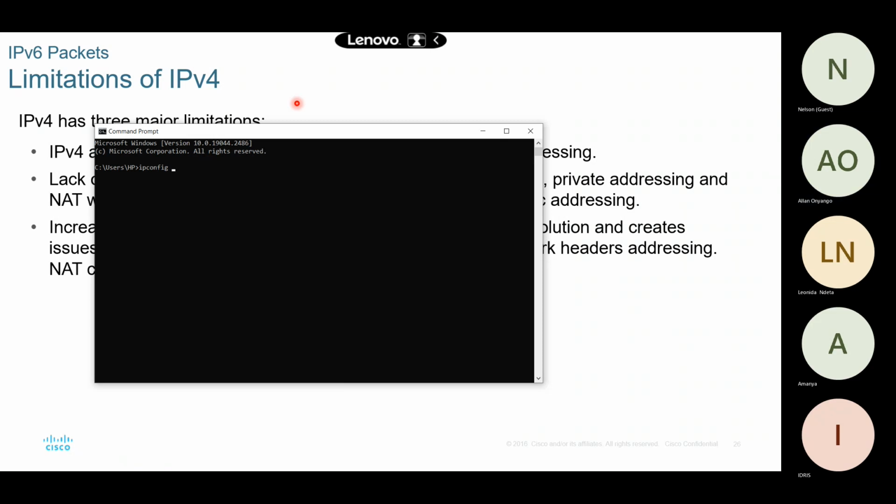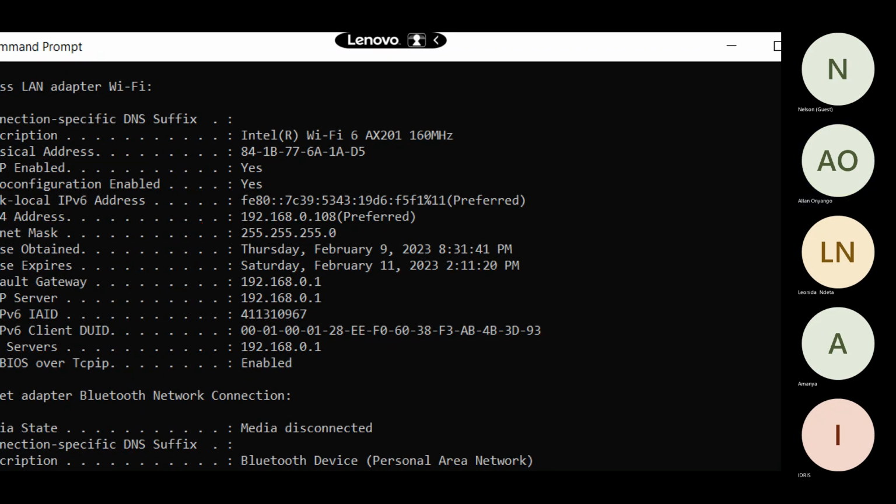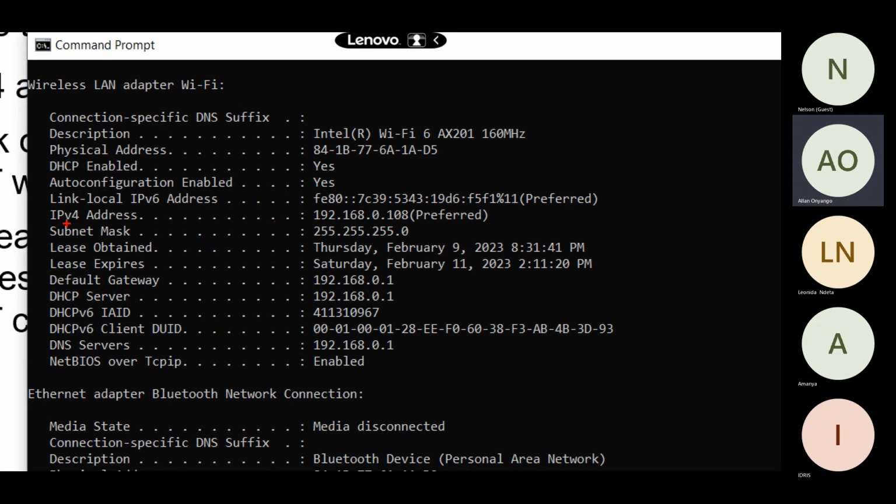My IP version 4 address, which is my private address, is actually here, 192.168.0.108. That's my private IPv4 address.